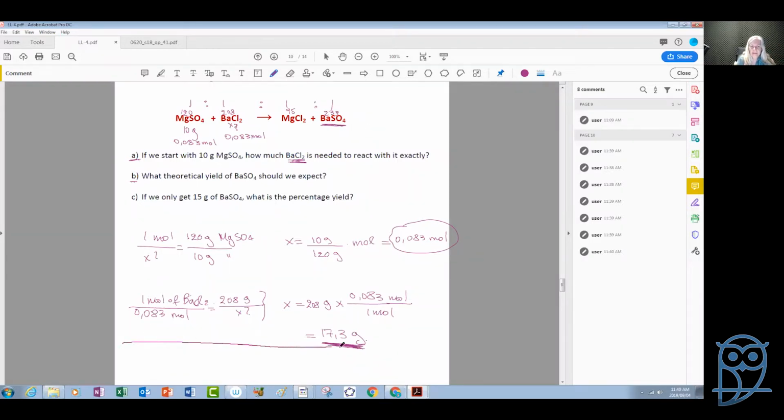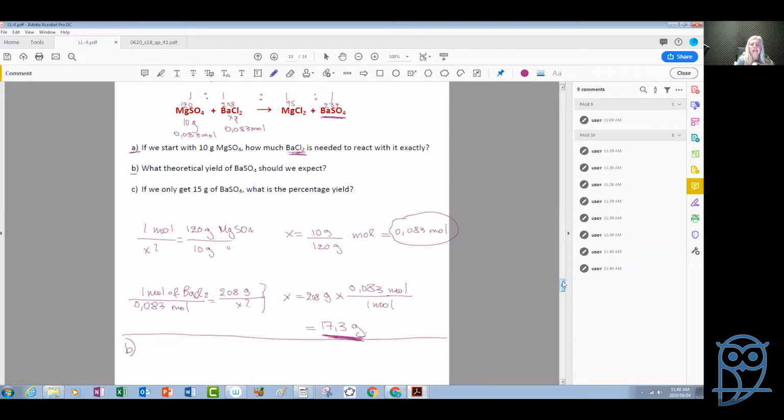So let's see that in part B. Now we need to find out how much barium sulfate we should expect this reaction to yield in theory.